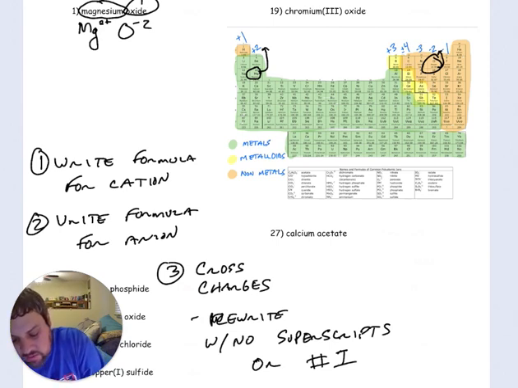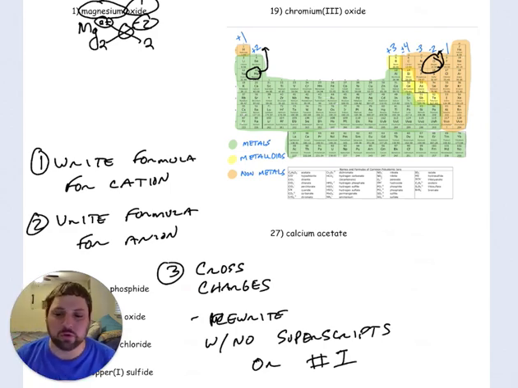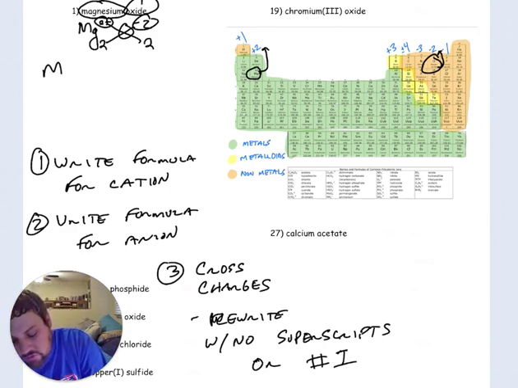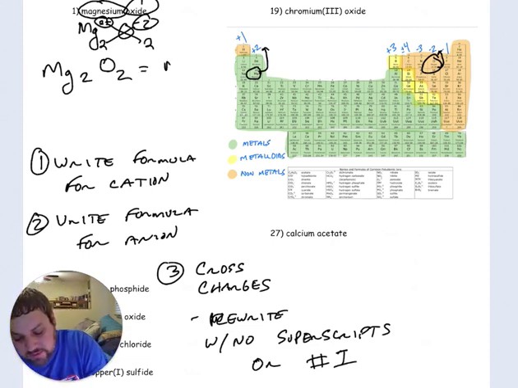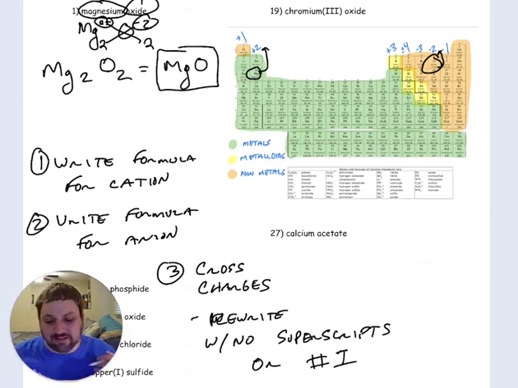So we can take our 2 and we cross it down. We can take our 2 and cross it down, and we're going to rewrite this. So if you were just to rewrite this, it would be Mg2O2. But if we notice, we have a 1-to-1 ratio. So instead of Mg2O2, we only need 1 of each. So we would rewrite that as MgO. So magnesium oxide is written MgO.